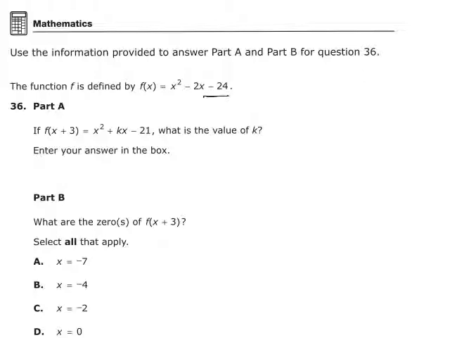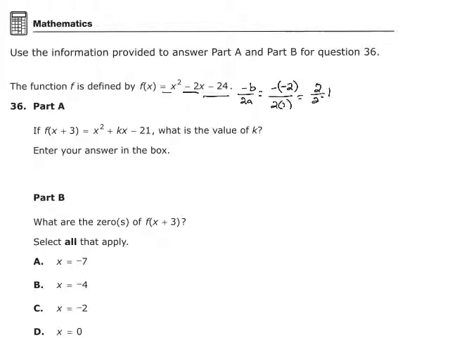Negative b over 2a is equal to negative, negative 2, because b is negative 2, over 2 times a, which is 1. Therefore, negative 1 times negative 2 is positive 2 over 2, which equals 1.